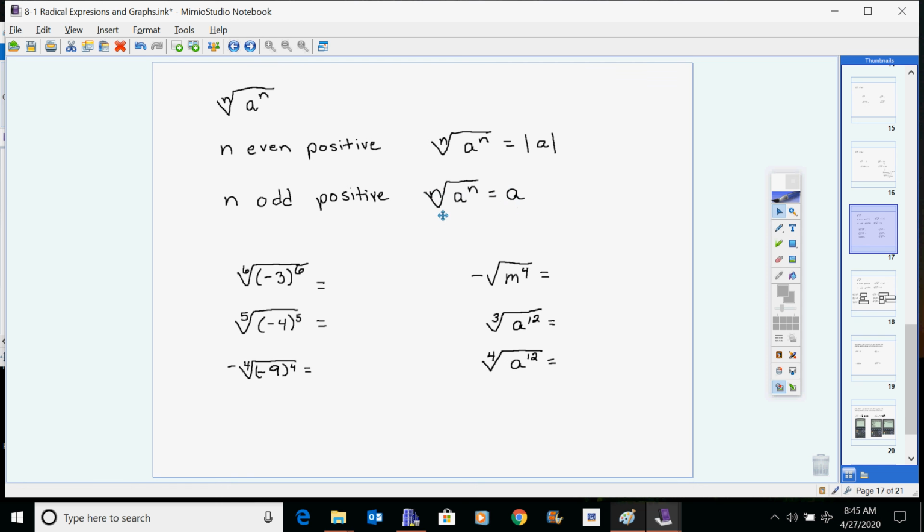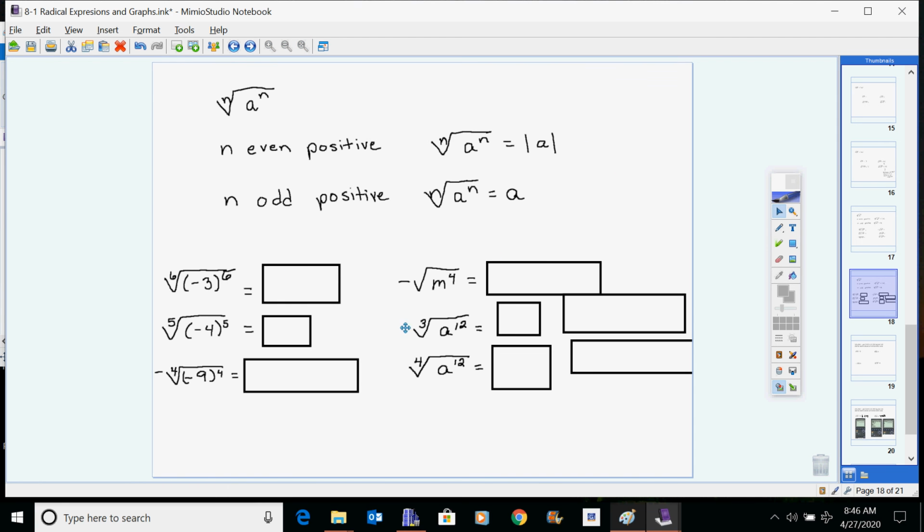Because remember, an odd root, like the cube root, can have a negative answer. So we have slightly different rules. The odd ones, you can have a negative come out, or the actual value. The even ones, you're going to end up with an absolute value scenario.